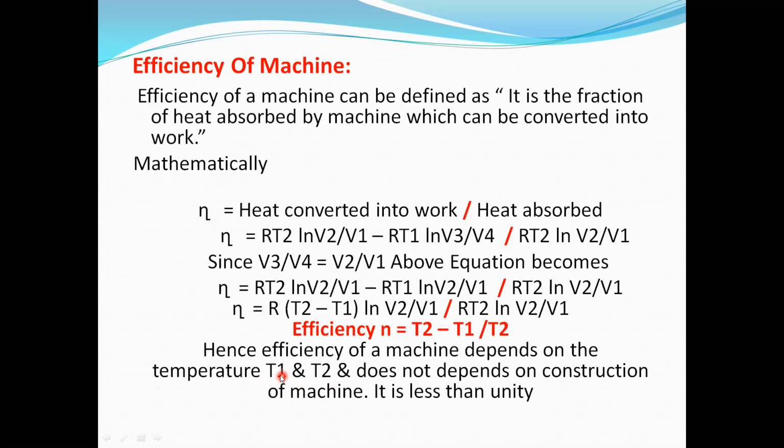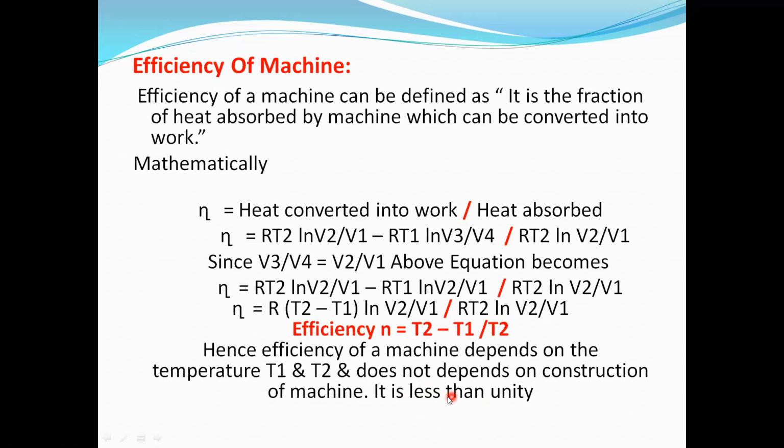That is, it depends upon the initial and final temperature and does not depend on the construction of the machine. It is less than unity. So this efficiency is always less than unity. Unity means 1. यानी इसका जो efficiency की जो value है हमेशा 1 से कम होगी. It is always less than 1.